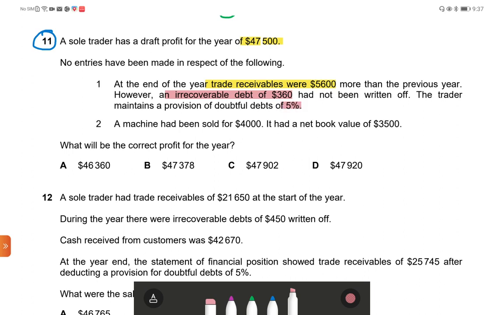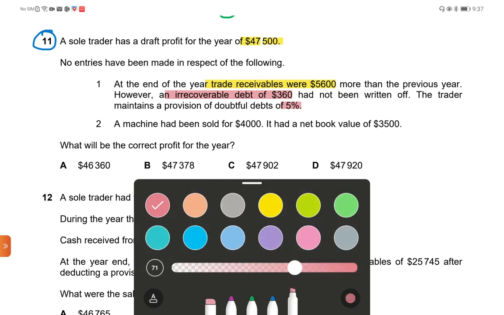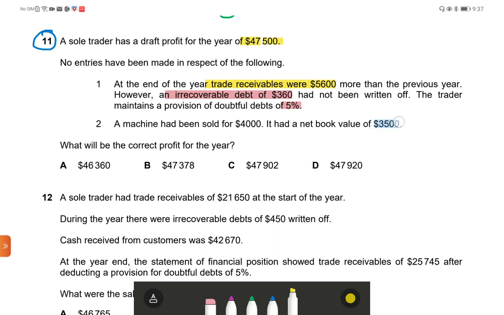That also we have to calculate. A machine had been sold for 4,000. It had a net book value of 3,500. The selling price was 4,000, but the net book value was only 3,500.